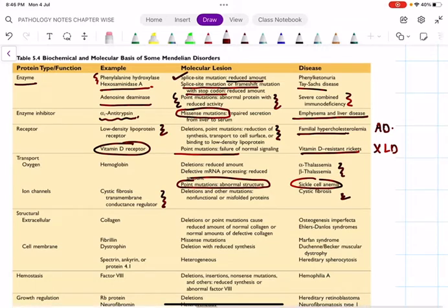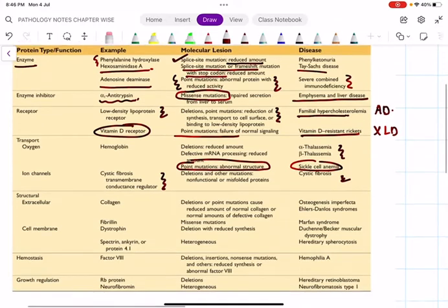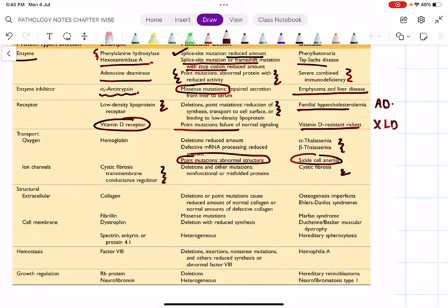So that is point mutation, abnormal structure, sickle cell anemia.